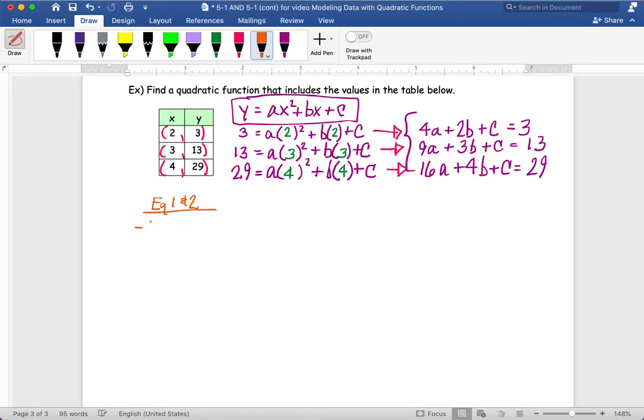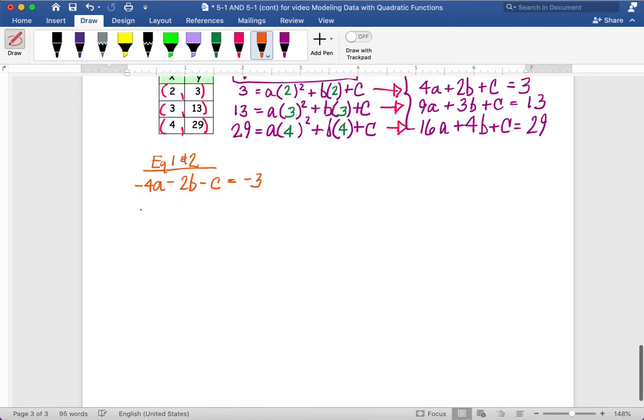I'm going to multiply the top equation by a -1. That's -4a, subtract 2b, subtract c equals -3. Now you have to remember to make them all negative. I'm going to copy equation 2 right underneath it: 9a plus 3b plus c equals 13.